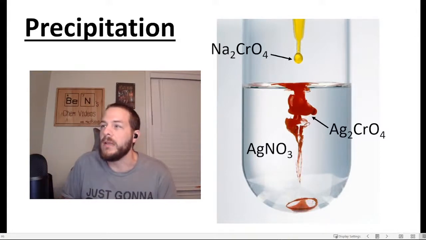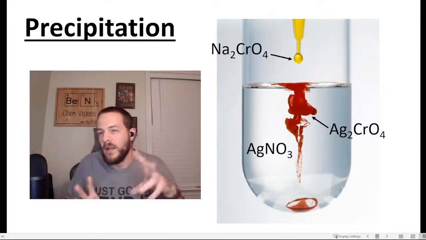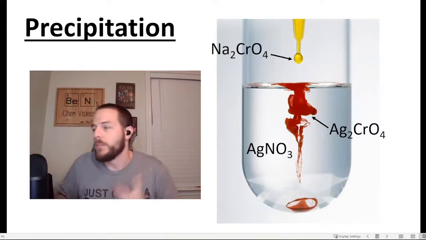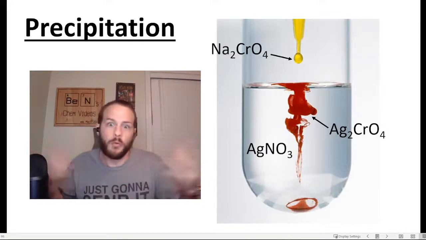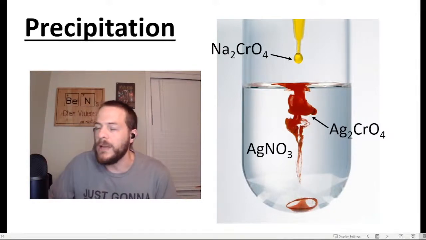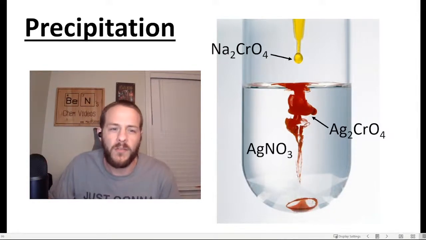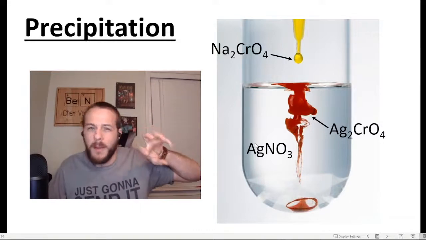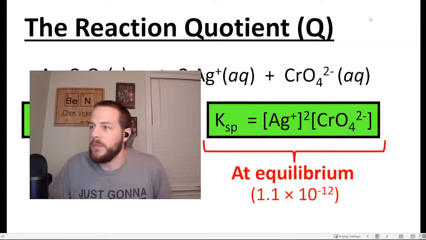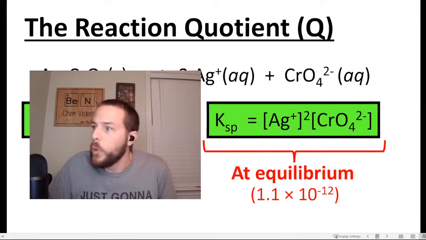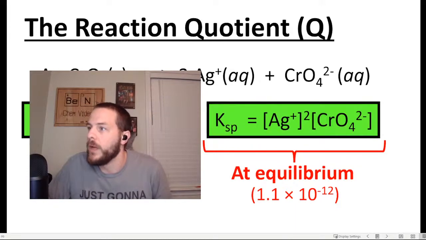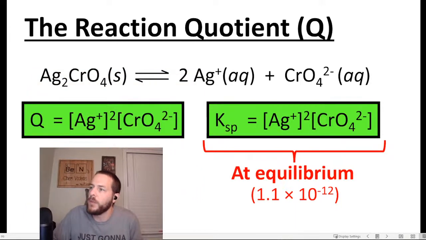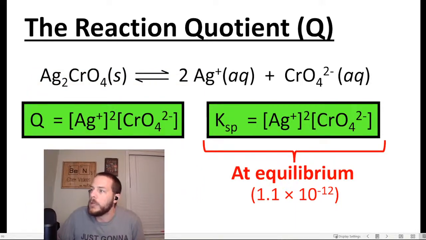So we're going to understand precipitation in the context of this equilibrium process that we call dissolution and solubility. In order to do that, I'd like to dig back into our memory banks and go back to a concept called the reaction quotient, which carries the symbol Q. This is a concept that we learned back when we were studying equilibrium.